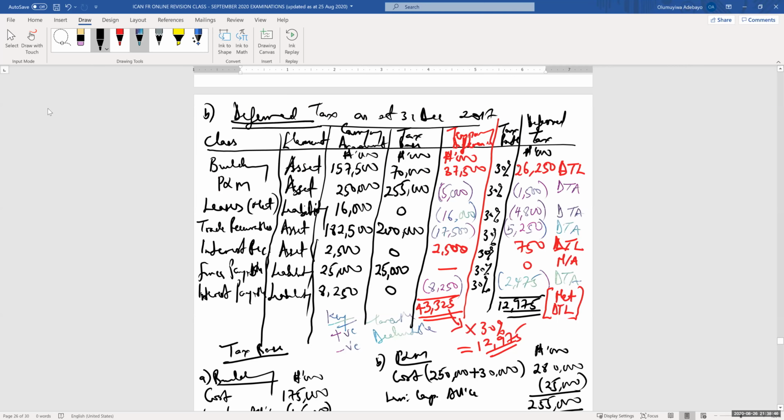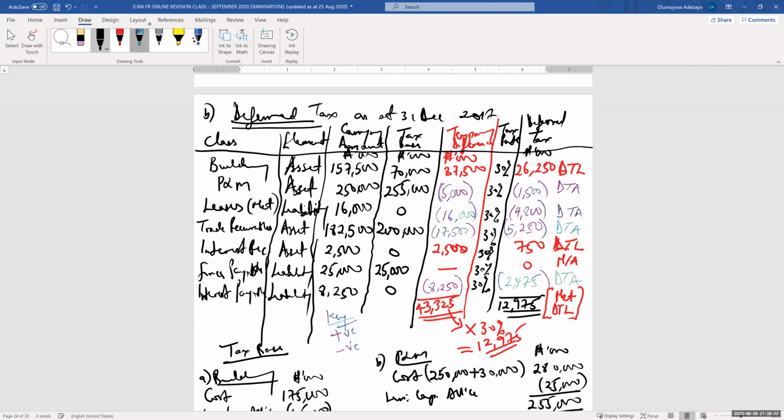Yes, sir. I understand that to get temporary difference, it is carrying amount minus tax base. Now for leases, is it that the equation is turned the other way? For building, which is an asset, the temporary difference is 87,500 minus 70.